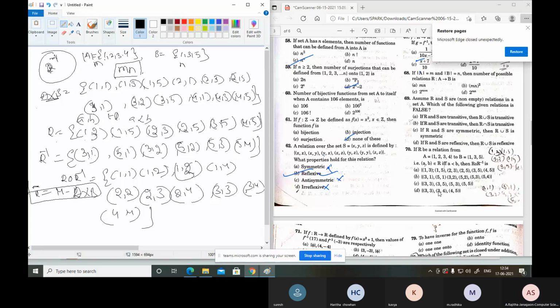This is C. Why? Because here the 3, 3 is wrong. Here 1, 1, 1, 2, 1, 3, 1, 4 are also there, and 2, 2 is also there. So here in this case 3, 3, 3, 4 and 5, 3.